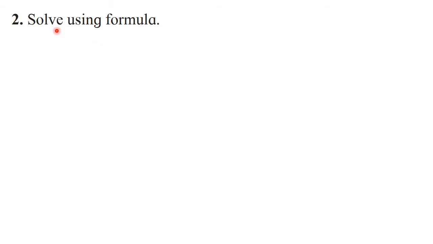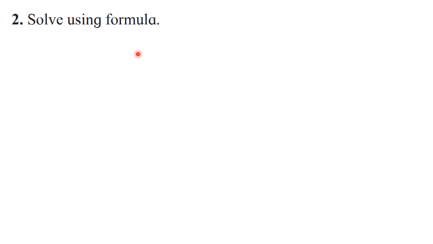Now, whenever the question comes as solve using formula, you need to recall all the steps. First of all, observe the equation. If it is not in standard form, write it in standard form. Then immediately compare it with the standard form and write the values of a, b and c. After that, find the value of the discriminant, that is b square minus 4ac. I told you that generally the value of b square minus 4ac is going to come positive.